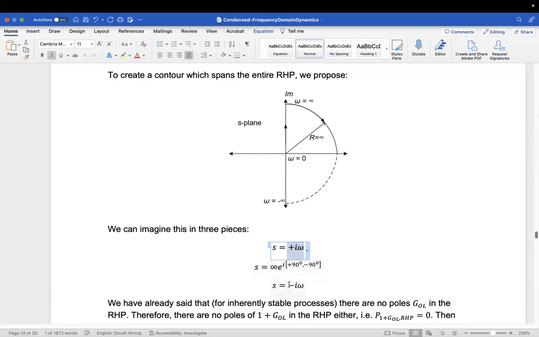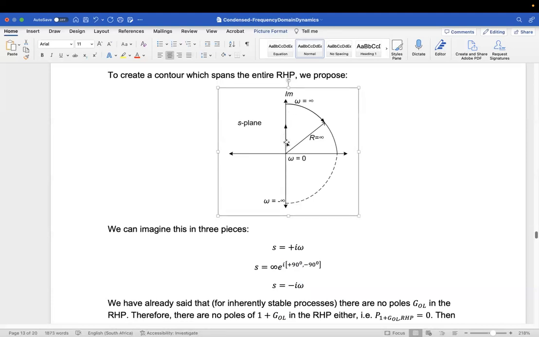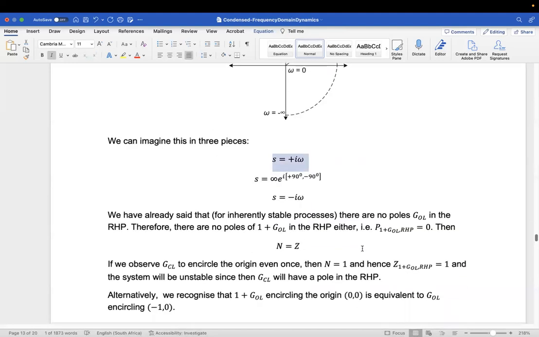And this is just the complex conjugate. So what we'll get for G along this part of the contour is nothing but the complex conjugate of what we got for this part of the contour. So in other words, all encirclements of -1, 0 will already have been observed along this path. So it's pointless even looking at this part of the contour. So that reduces the places we need to check. We only need to check S equals +I omega then.